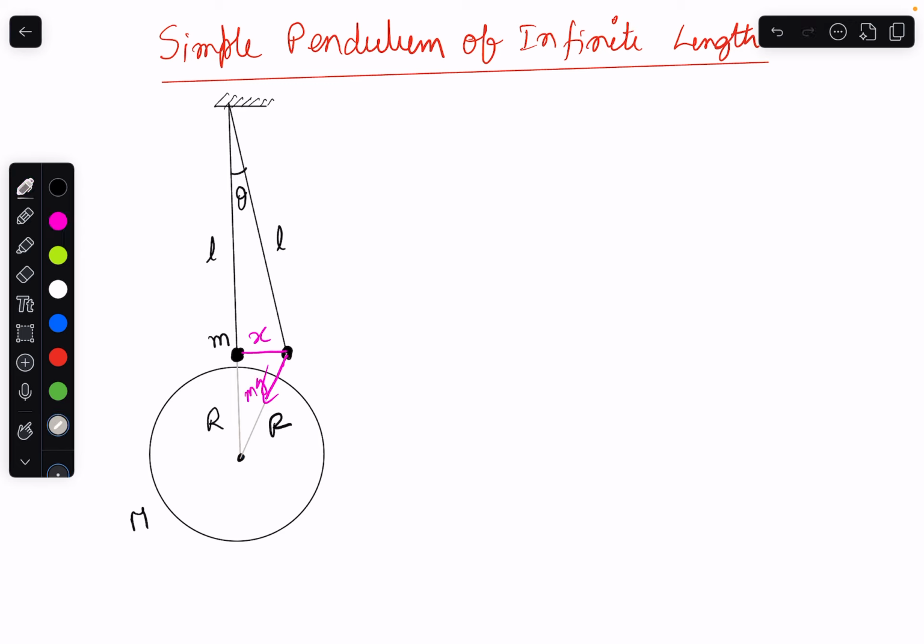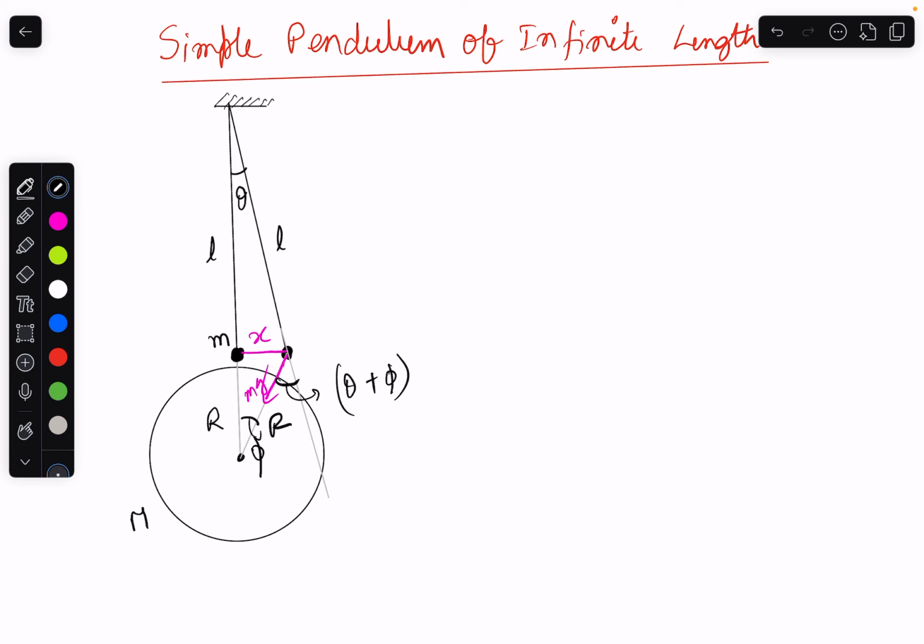Also, if we produce this line L like this, then this line will be making an angle, let us say this angle is phi. So theta plus phi, external angle, is equal to the sum of opposite internal angles. So these things we must keep in mind before solving this problem.